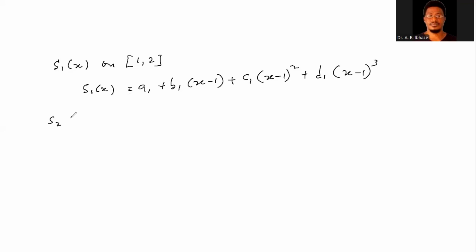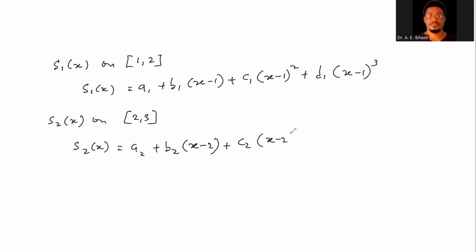And s2 of x on the interval 2, 3 will now be the same as s2 of x being the same as a2 plus b2 (x minus 2) plus c2 (x minus 2) squared plus d2 (x minus 2) cubed. So having done this, we can now solve for the coefficients, okay?